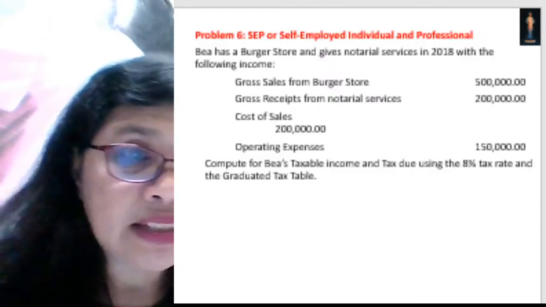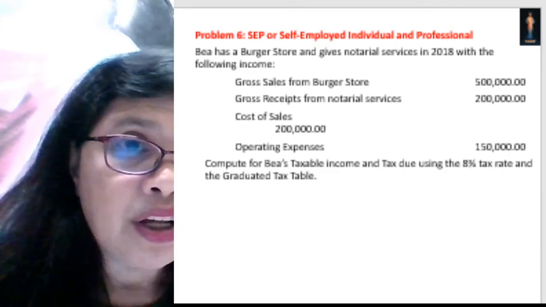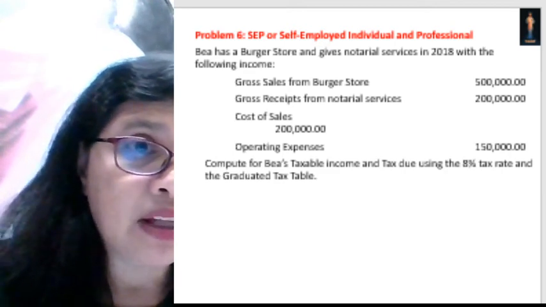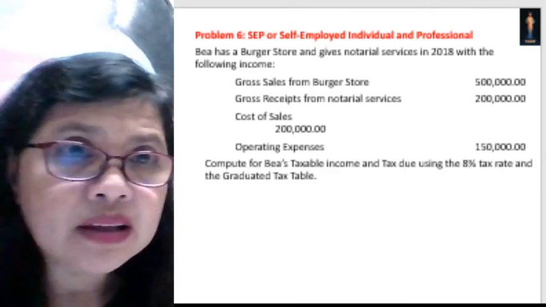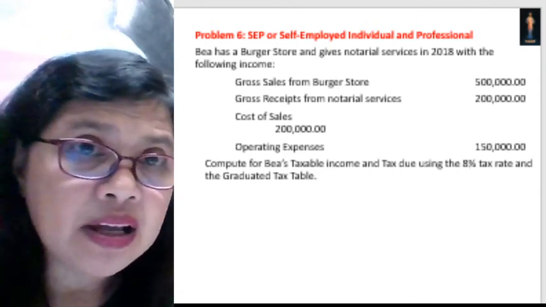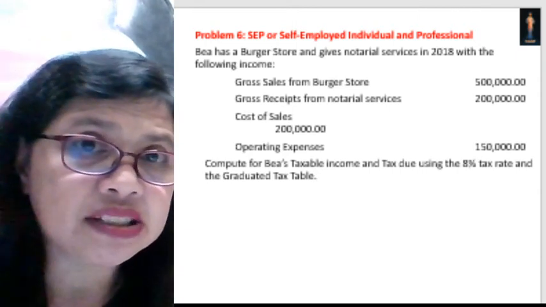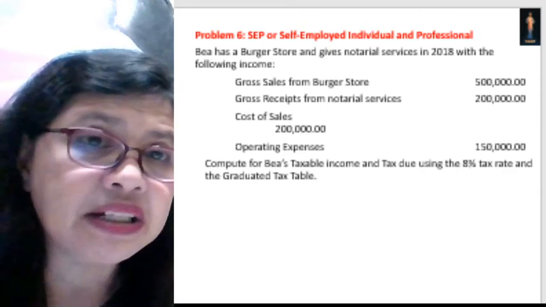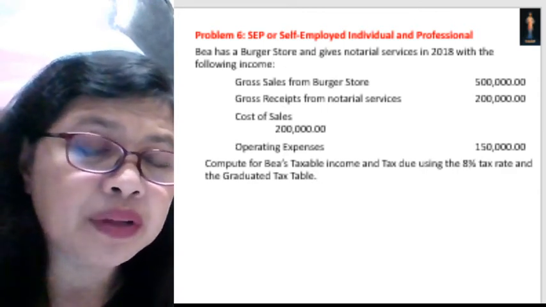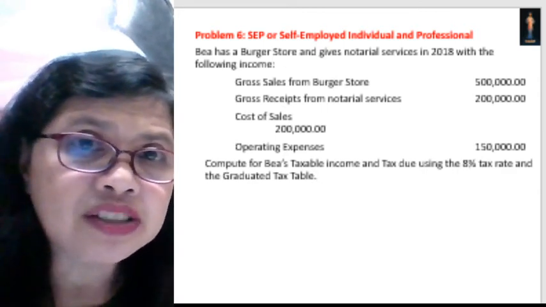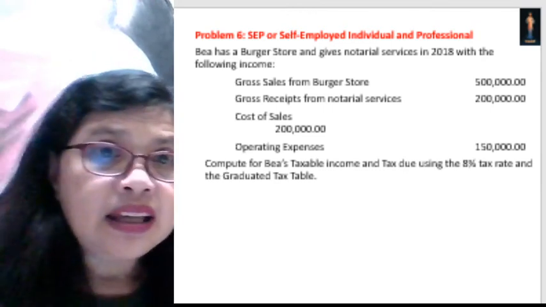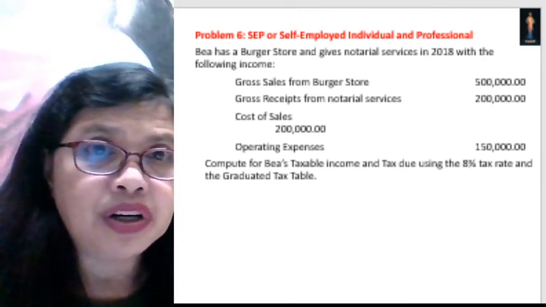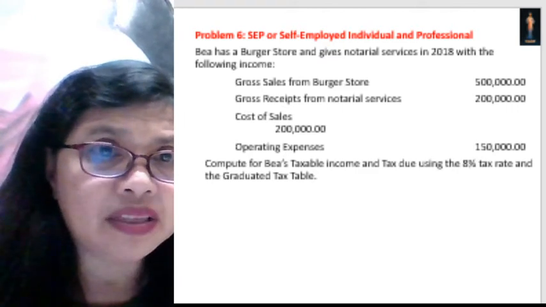This is again about self-employed individual and professional. Bea has a burger store and gives notarial services in 2018 with the following income. Gross sales from her burger store is 500,000, and gross receipts from her notarial services is 200,000.